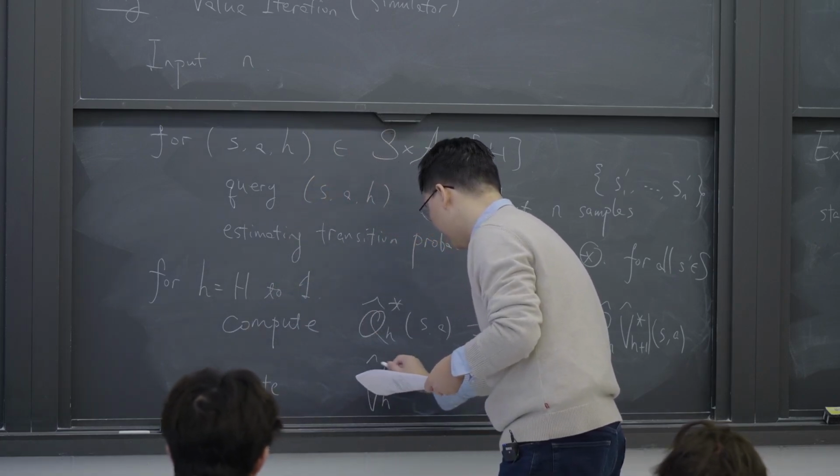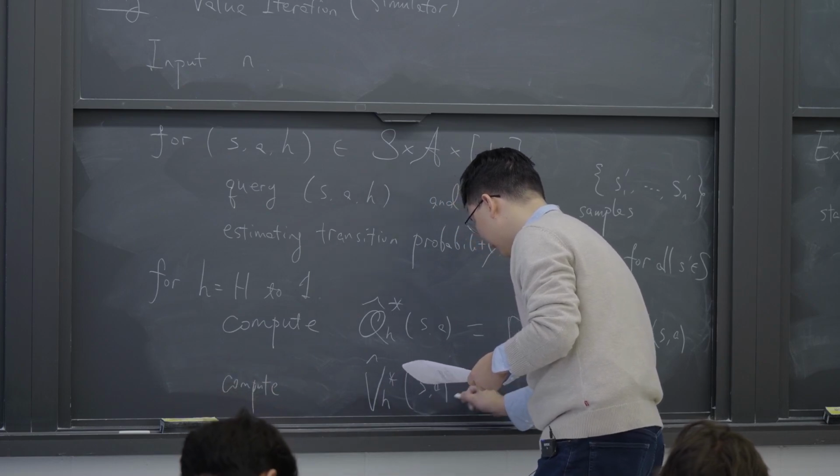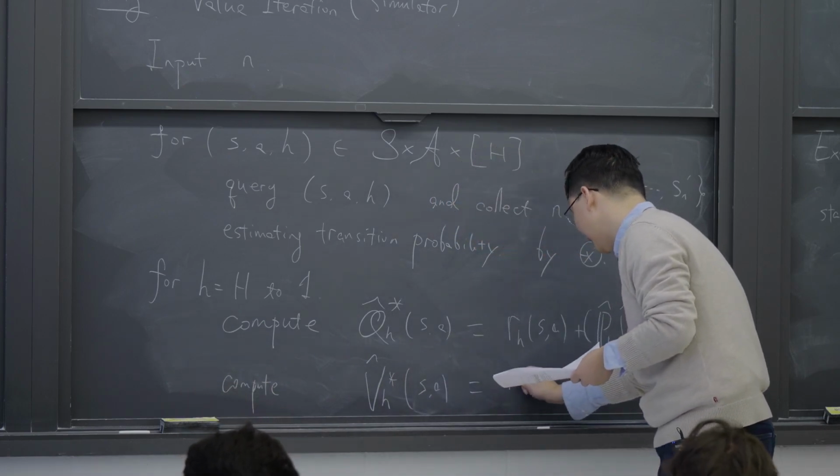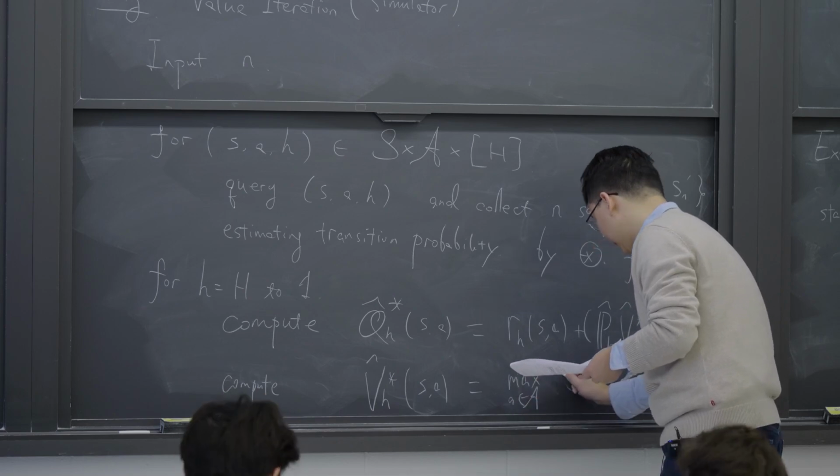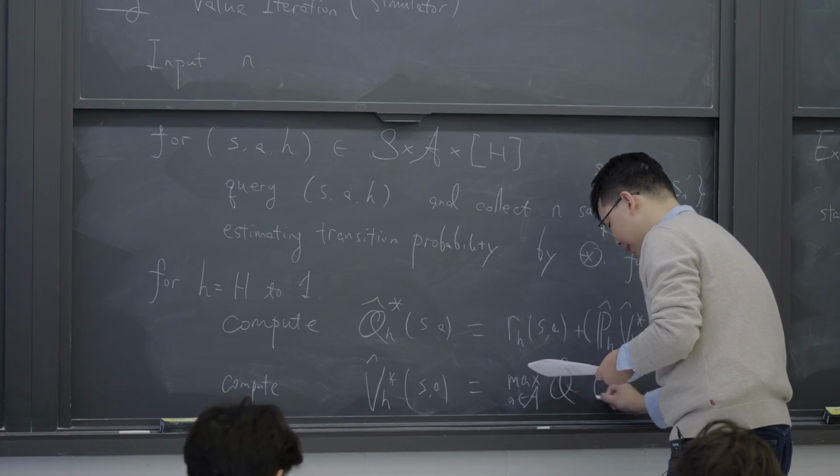V_h star hat (s) is equal to the max taking over action a of Q hat star (s, a).